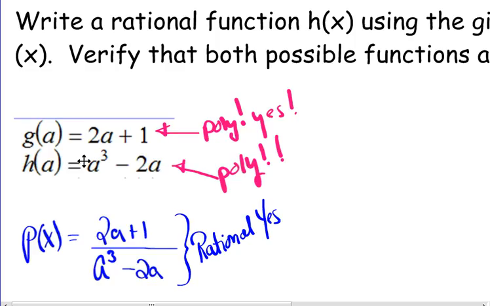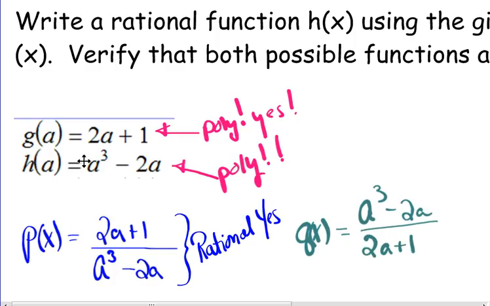Now, I also want to know if q of x, which would be a to the third minus 2a over 2a plus 1, is that a rational function? Well, by definition, since the numerator is a polynomial and the denominator is a polynomial, I can say yes again.